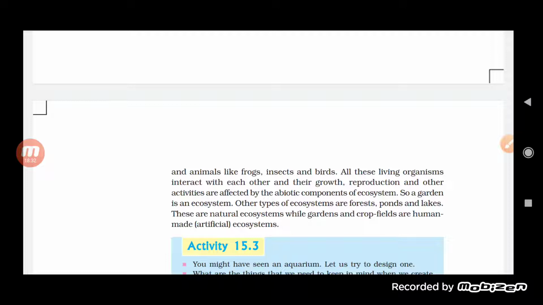It is an ecosystem which includes living and non-living components, and they interact with each other. It includes the biotic and abiotic components which interact with each other. So this is one example of an ecosystem. Similarly, there are a lot of different types of ecosystems.